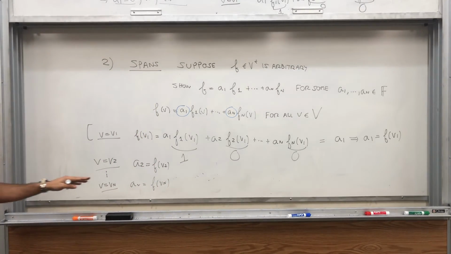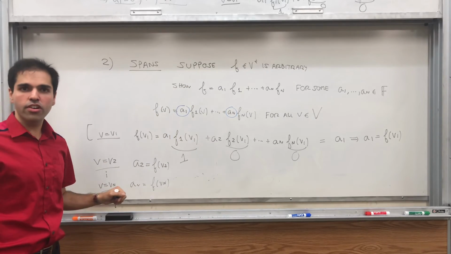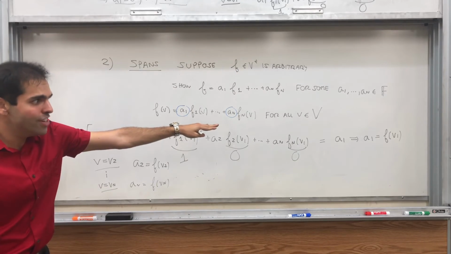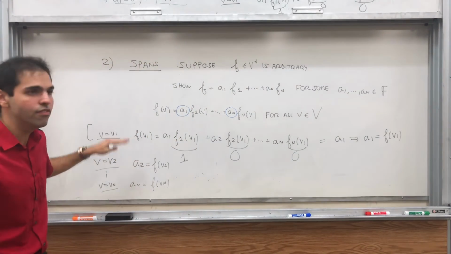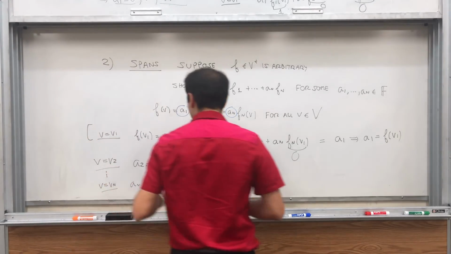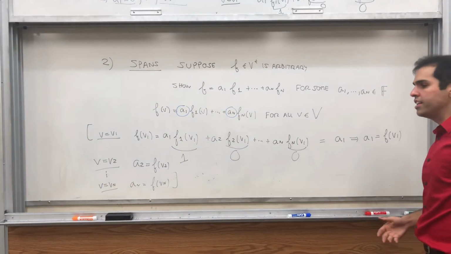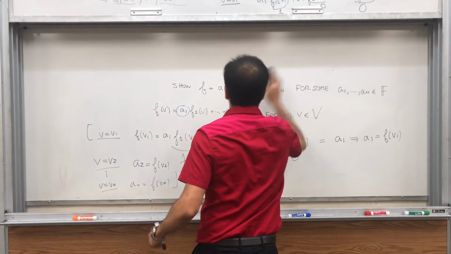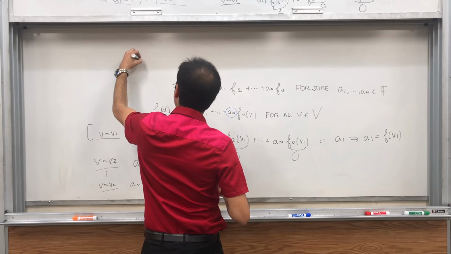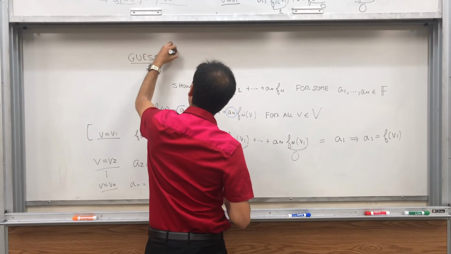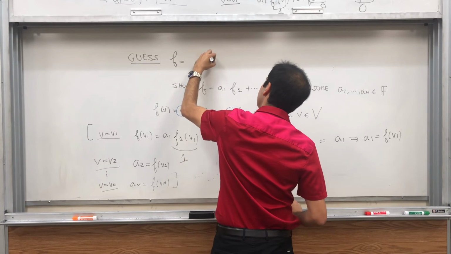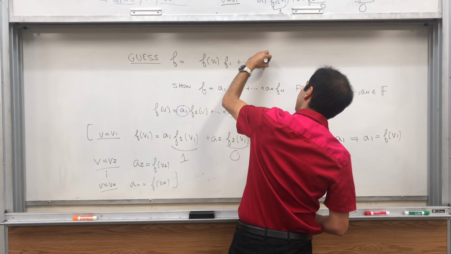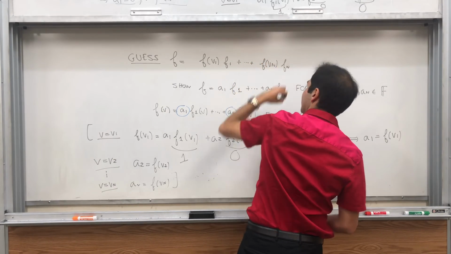So if we hope that f is a linear combination of the fi's, we should let the coefficients be f of v1, f of v2, up to f of vn, where f is your given linear functional. So in fact, guess that f equals f of v1 f1 plus plus f of vn fn.